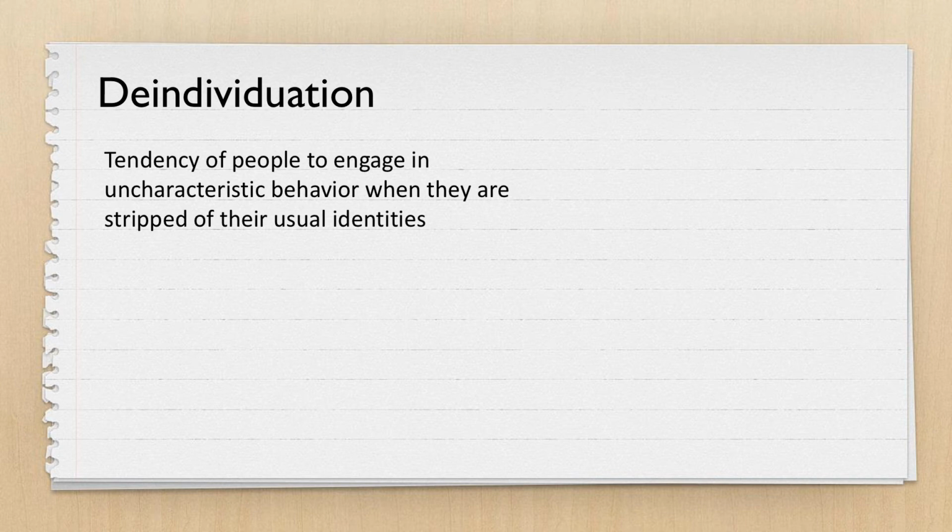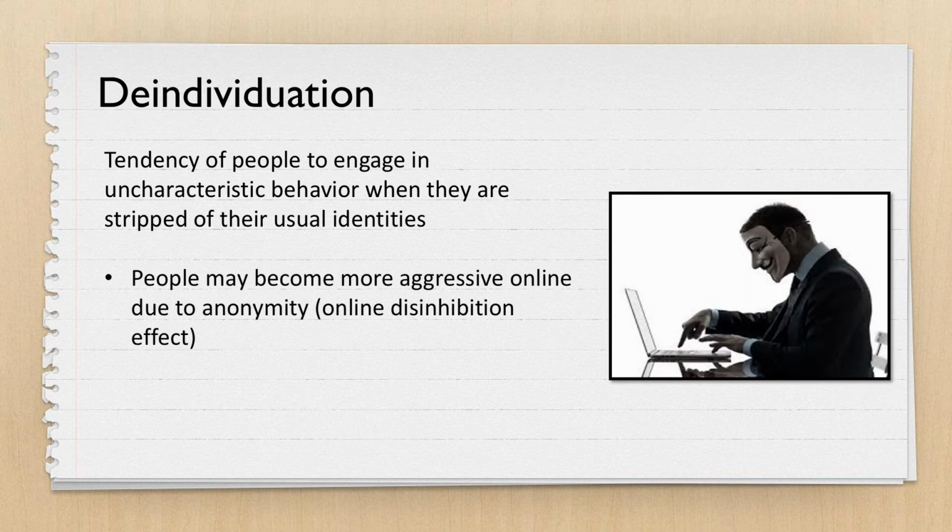When we are de-individualized, we become more vulnerable to social influence. For example, once people start to post nasty comments on YouTube videos, others quickly pile on. This is a phenomenon called the online disinhibition effect.